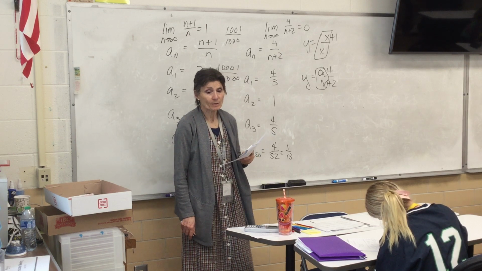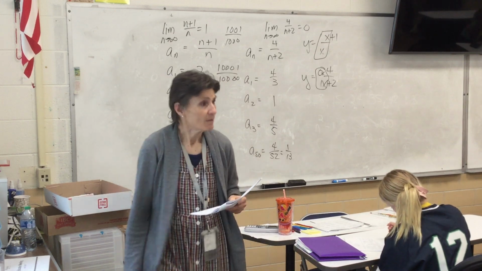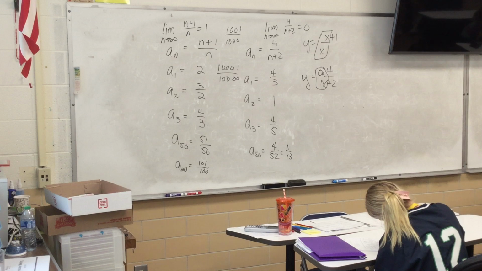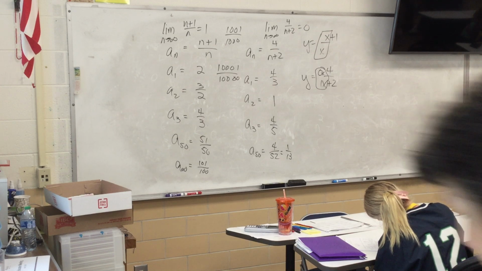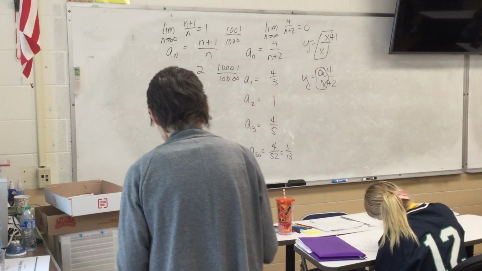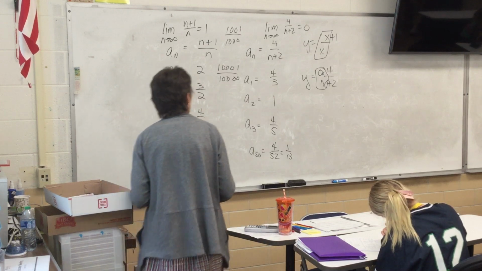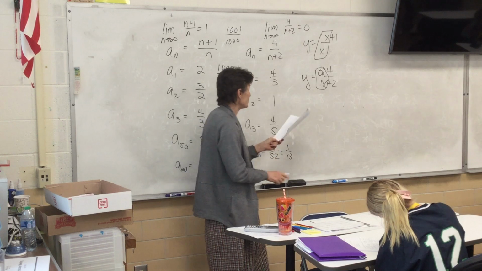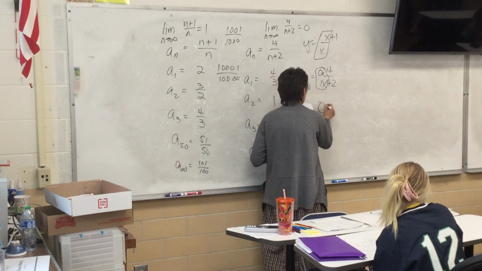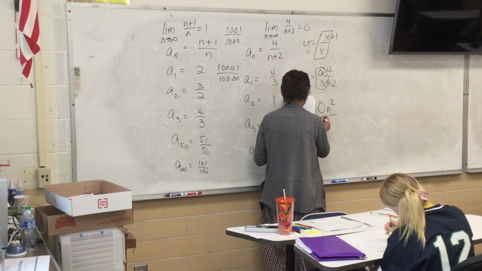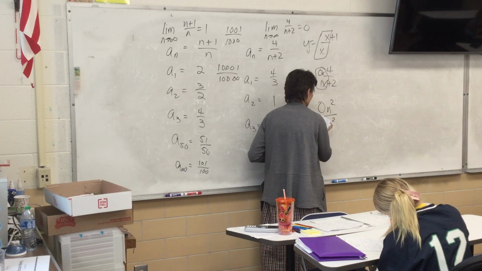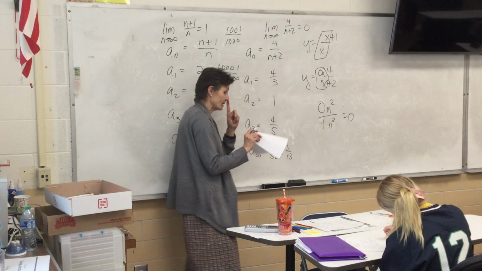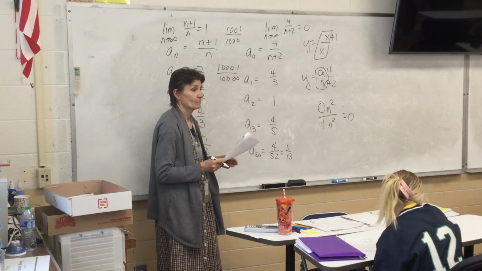What do we always compare? The highest power, the biggest power. So we have 4n squared over 5n squared, and that is 4/5. Very good. How about F? 0. F is the same as this one. F has n squared over 1n squared, and that's 0. So the limit in F is 0.